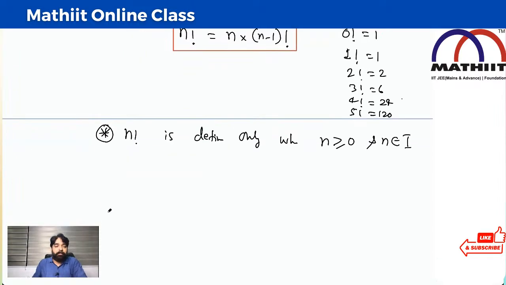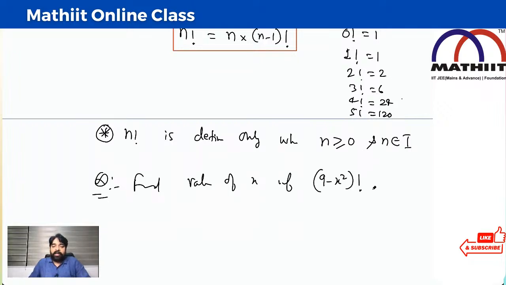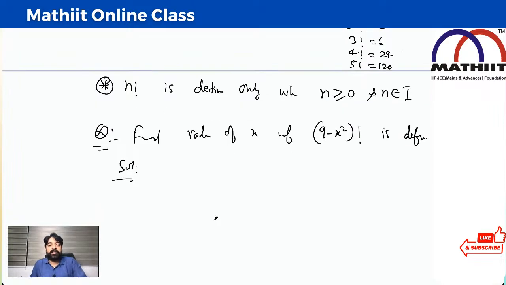Suppose I ask you a very simple question: find the values of x if (9 minus x square) factorial is defined. What are the possible values that can happen? So we'll say 9 minus x square must be greater than or equal to 0.